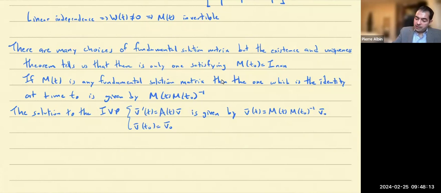So if you have a fundamental solution matrix, then you can solve this initial value problem just by matrix vector multiplication.